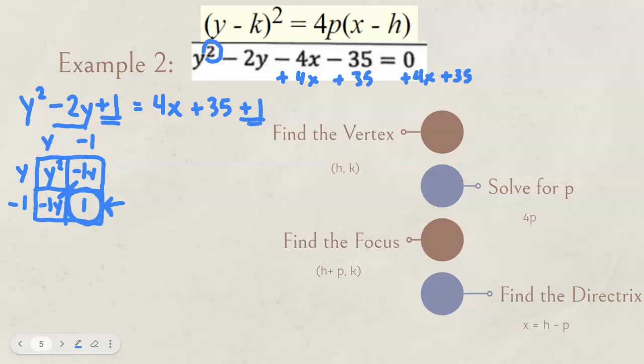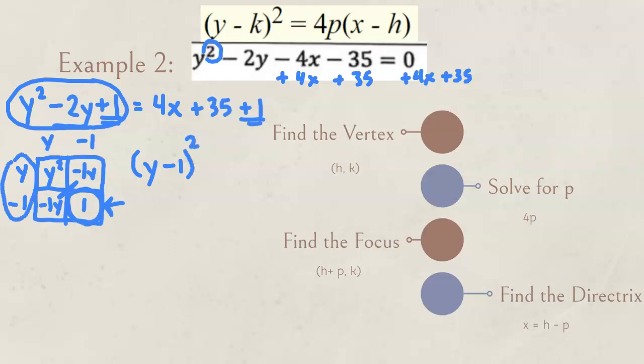Now I'm going to rewrite my equation. This expression is the area of this box. The dimensions of this box, the length times width, would be y minus 1 times y minus 1, which is y minus 1 squared. I got that from the dimensions of the box. These multiply to make that area, so that side of the equation is done.